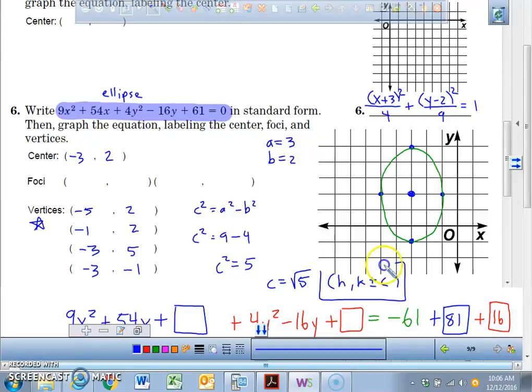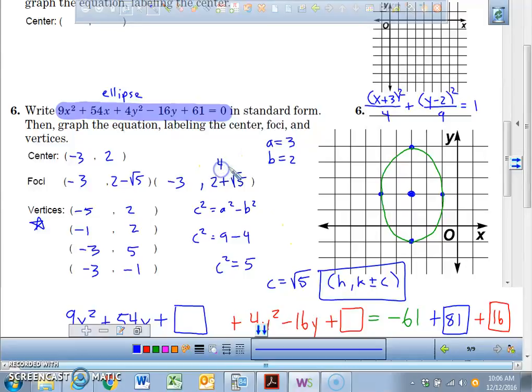This is your formula that you would use for your foci for this particular problem. So one of my foci is going to be at a -3, 2 minus radical 5. And the other one's going to be at a -3, comma, 2 plus radical 5. Now radical 5 is approximately equal to 2.24.